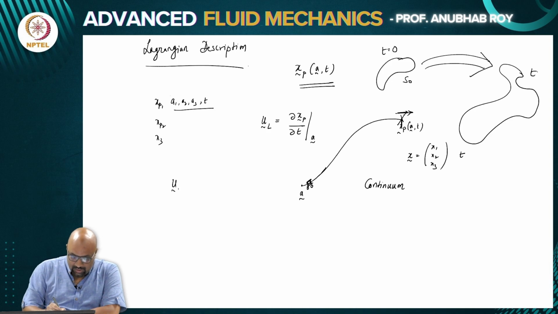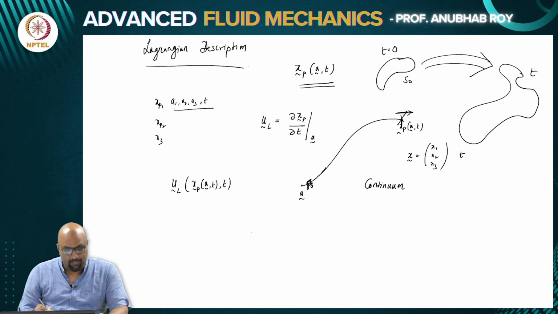So the Lagrangian velocity, given that you have the particle moving with an initial location A, is going to be equal to the velocity that you measure at a fixed location, x equals xp(A, t), at a given instant of time.